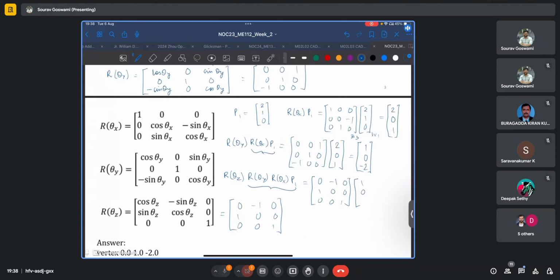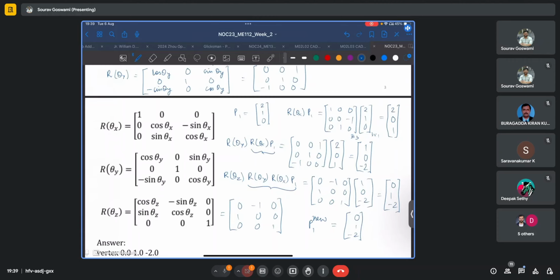So [1, 0, -2], this will come out to be 1 into 0 plus minus 1 into 0 plus minus 2 into 0 is 0. 1 into 1 plus 0 into 0 minus 2 into 0, and 1 into 0 plus 0 into 0 minus 2. So P1 new is equal to 0, 1, minus 2.